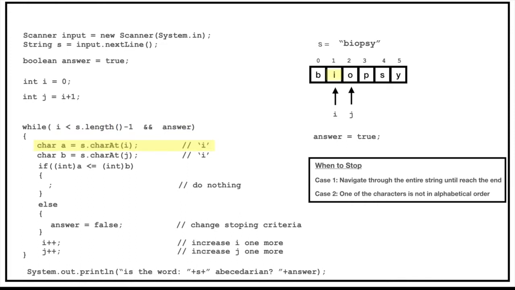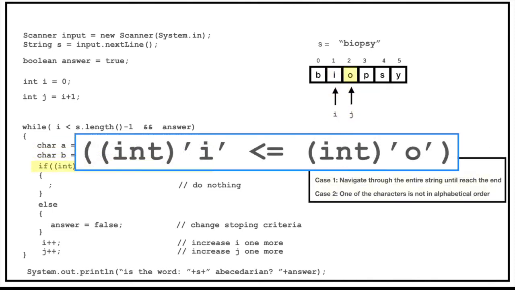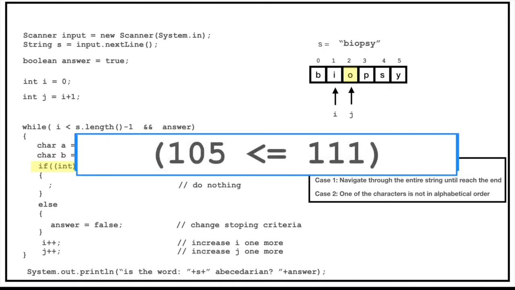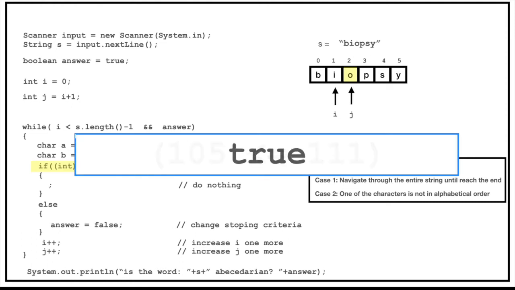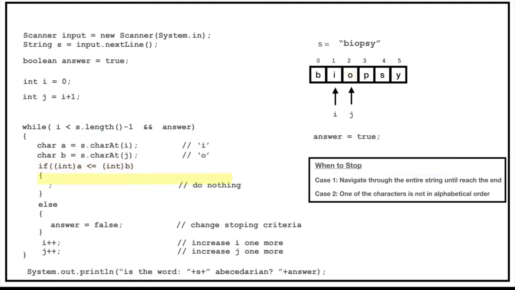In this case position I is I and position J is O. We check if the value at position I is less than O. Indeed, 105 is less than or equal to 111, which is true. So we move to the next step, which is do nothing. And after doing nothing, we increase our positions I and J.